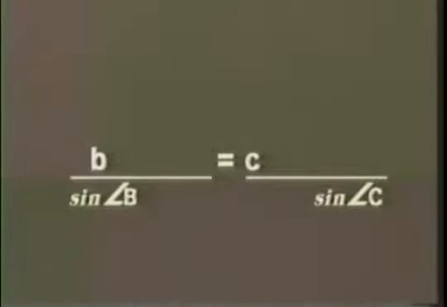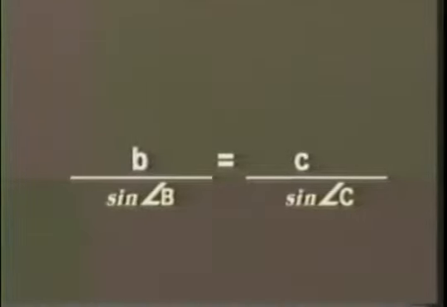So, b sine C must equal c sine B. Dividing both sides by sine B sine C leaves b over sine B equals c over sine C.